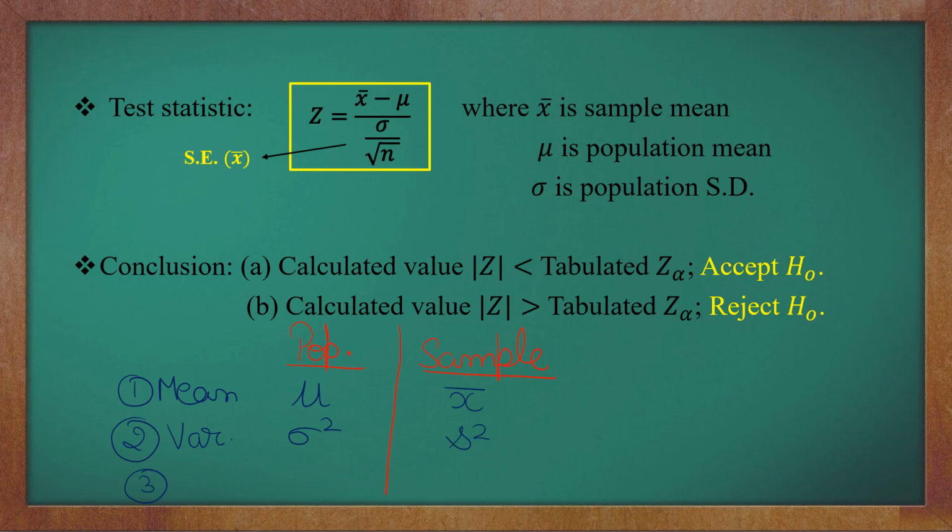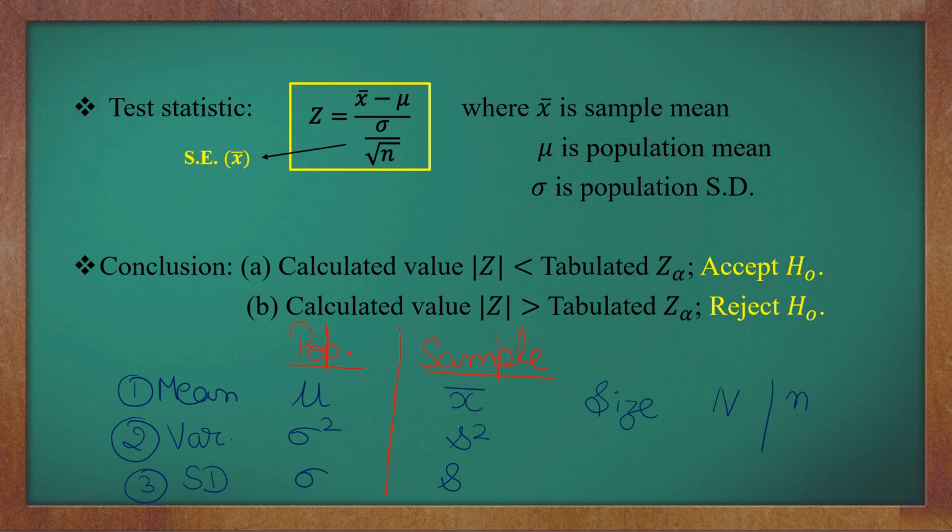Next, for standard deviation, for population we denote it by sigma and in sample we denote it by small s. And last, if we are talking about population or sample size, the population size is capital N and for sample size we use small n.